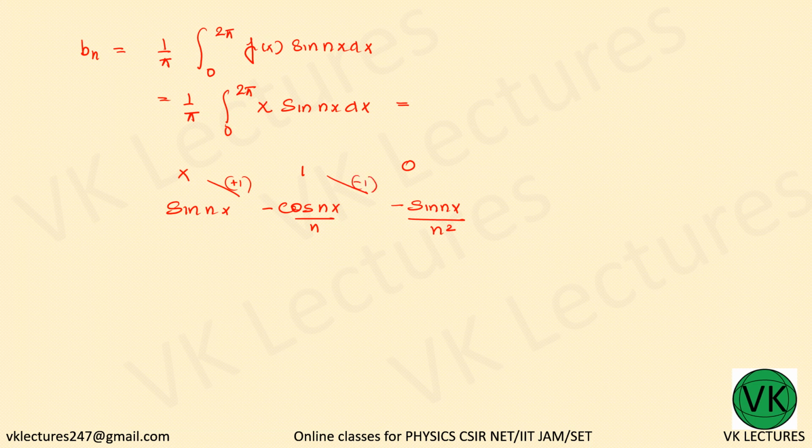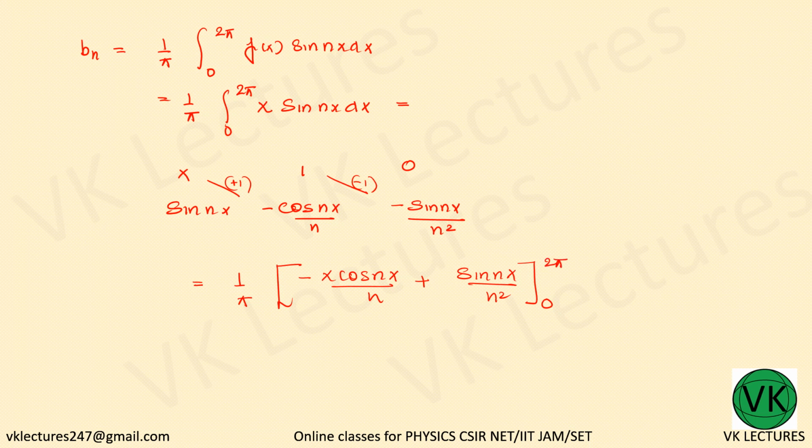So the limits will be 1 by pi times minus x cos nx divided by n plus sine nx divided by n square, from 0 to 2 pi.